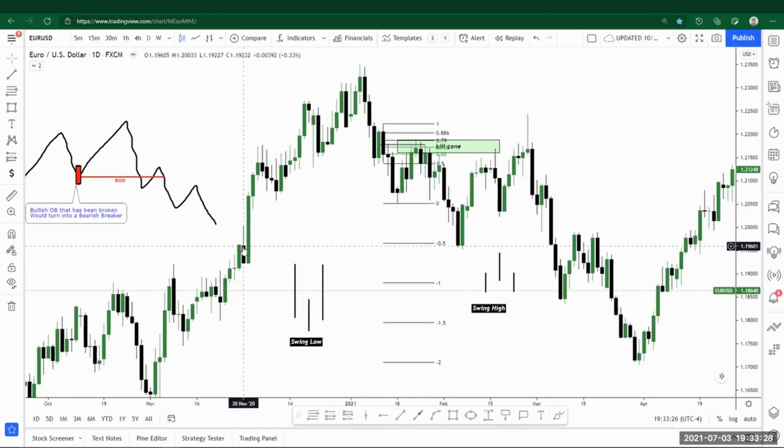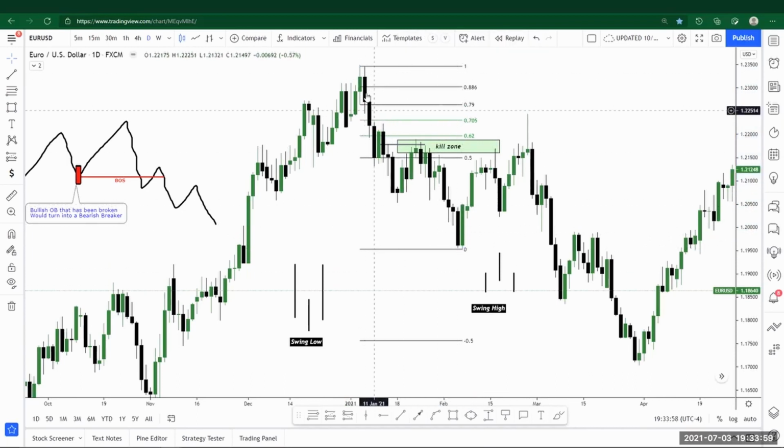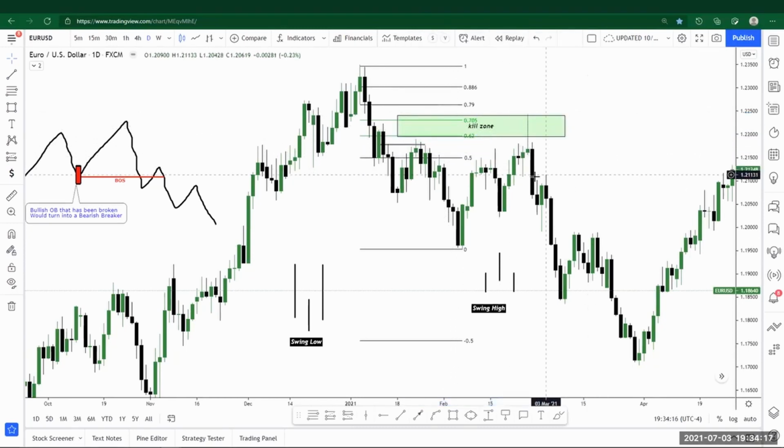Price reacts off of a bullish order block here and gives us a move up, back up into the kill zone, rolls over, reacts from this order block, takes off, and gives us a retracement from the bigger dealing range. So from this high to this low will give you a retracement back up into the kill zone for that dealing range.